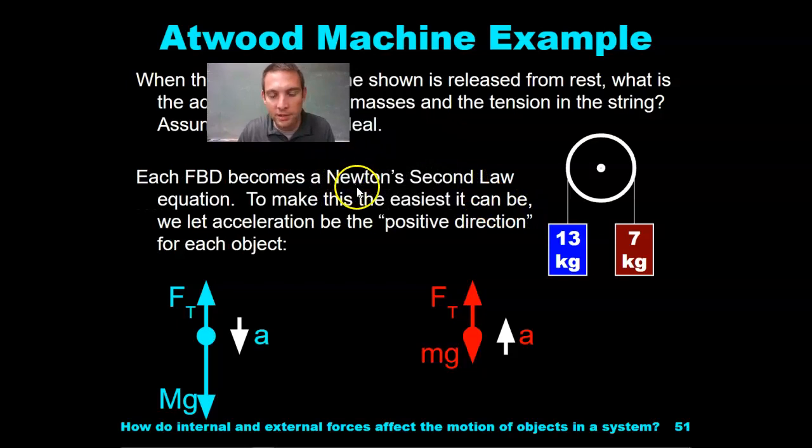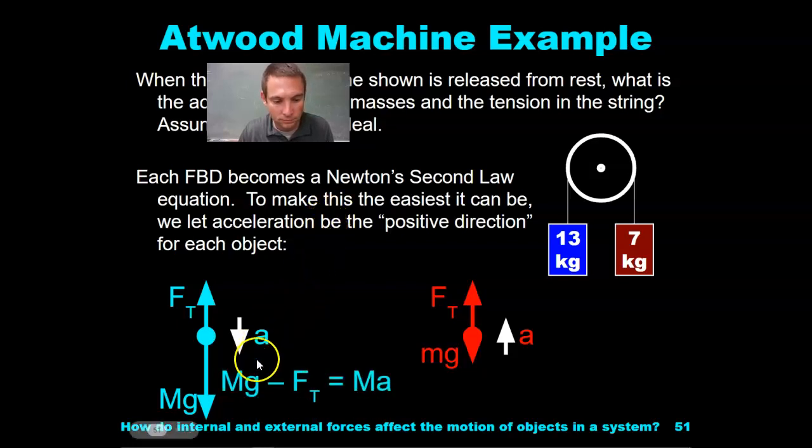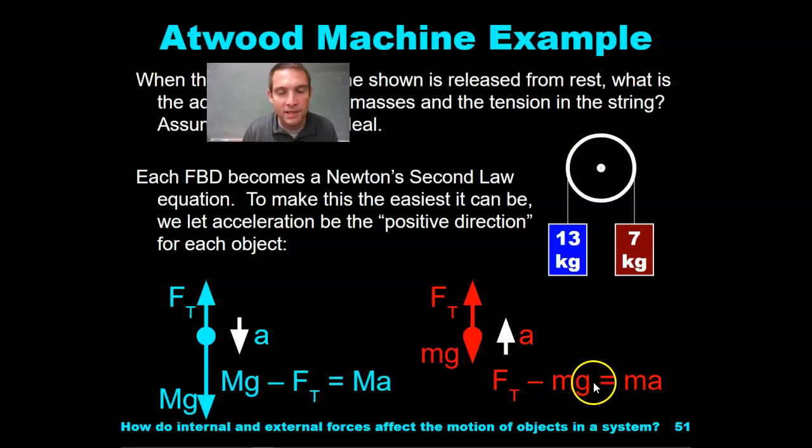Each free body diagram is then going to become a Newton's second law equation. Stuff that makes it go minus stuff that holds it back equals mass times acceleration.